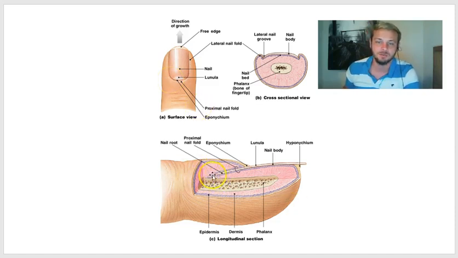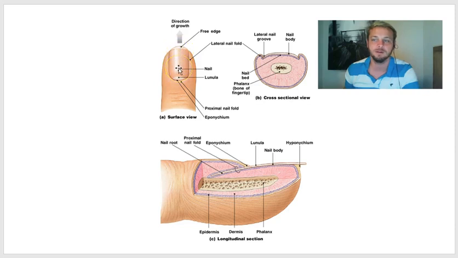And back here is where the root and the matrix is going to be, and that's going to continue out here. And so this is where those cells are being produced, where they are keratinizing and dying. So the reason it looks white right here is because the cells that are present still have their nucleus. And so they'll lose their nucleus and then die.